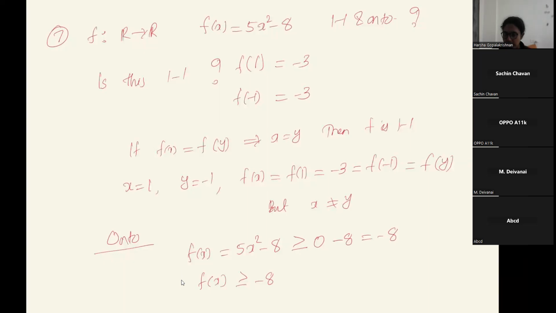Now, provided this statement, can you say whether it is onto or not? See, the image is always greater than or equal to minus 8. If I am taking minus 10, f of x cannot be minus 10, right?